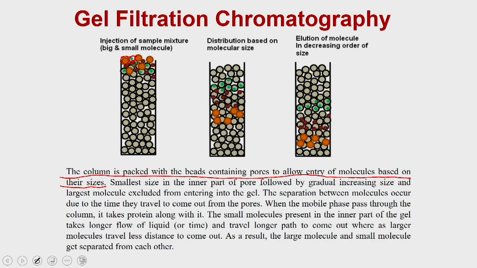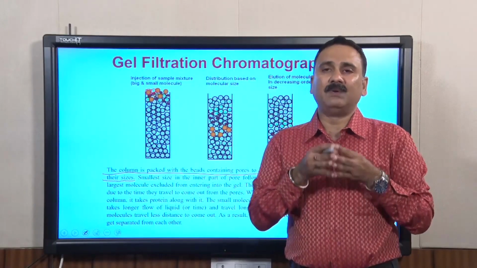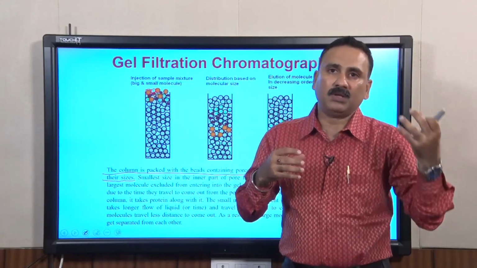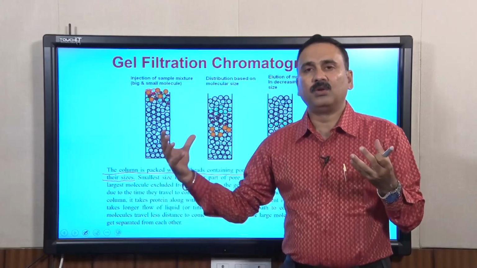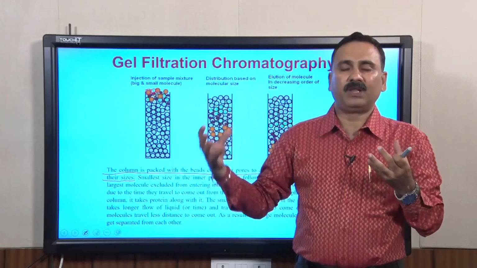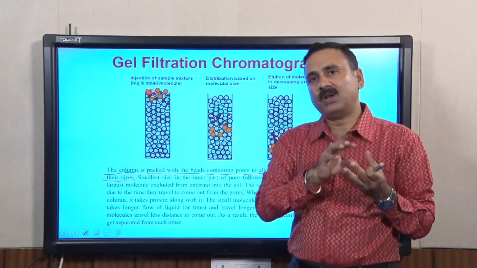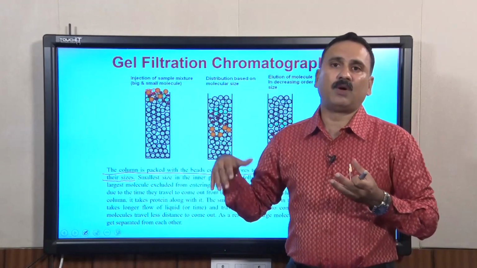All these molecules are going to distribute within these beads, which are not normal beads, as they have pores. So they distribute between the space inside the pores and the space outside the pores. If the molecule is of a smaller diameter, it will get into those pores, whereas the molecule of larger size is going to be excluded from these pores.